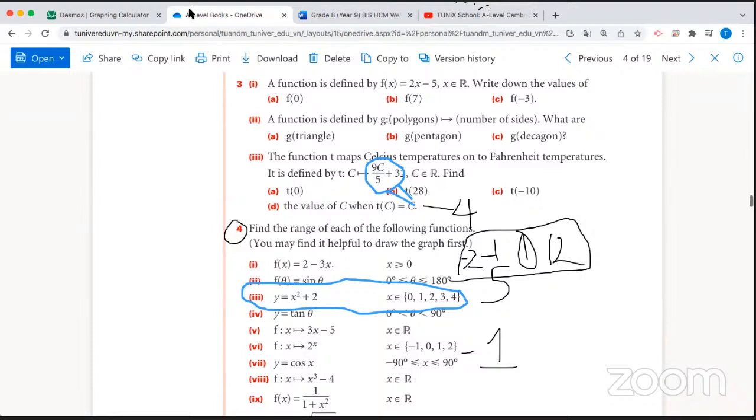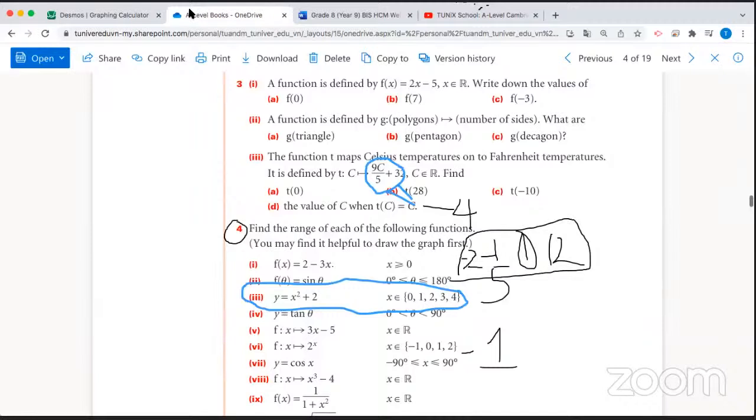X equals, okay, that's easy. X squared. Denote a value of 5 points, right? Y equals, give a value of x, so when x equals 0, y equals 2.